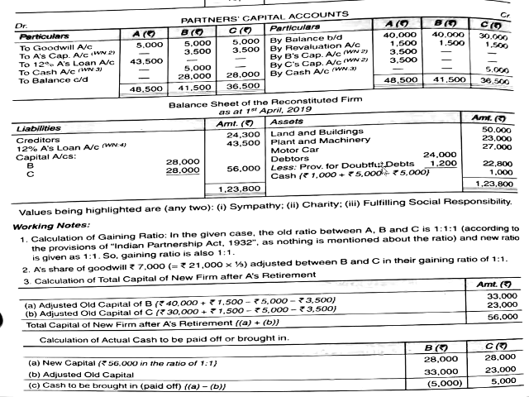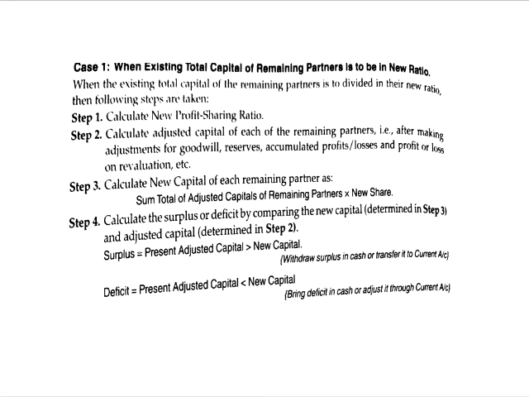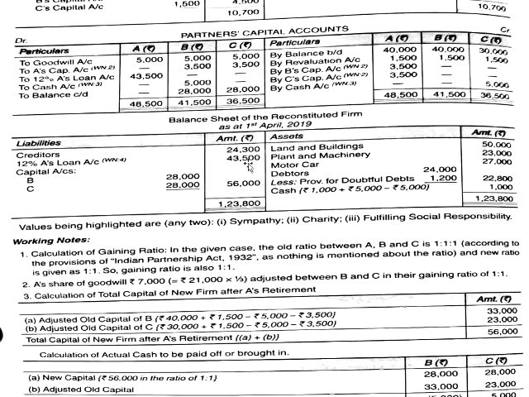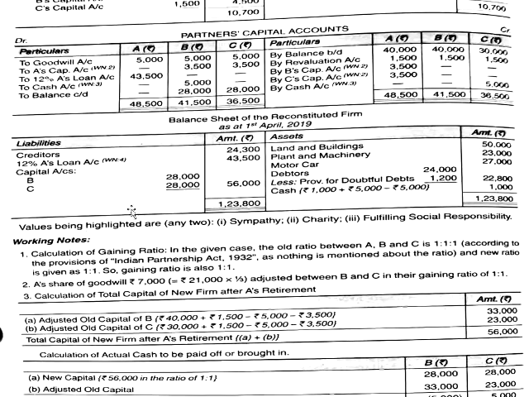And now you will make a new balance sheet. Creditors are 24,300 because there is a decrease of 700, so that's why it is reduced. See, in the balance sheet the position was 25,000, and in the new balance sheet it is reduced by 700.